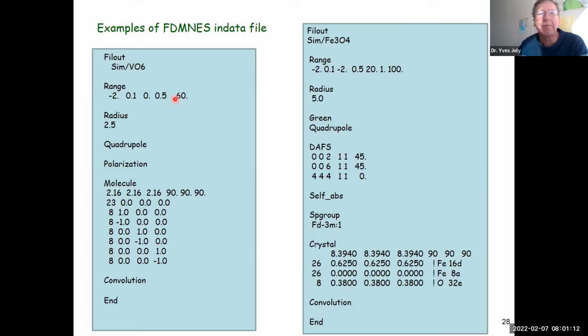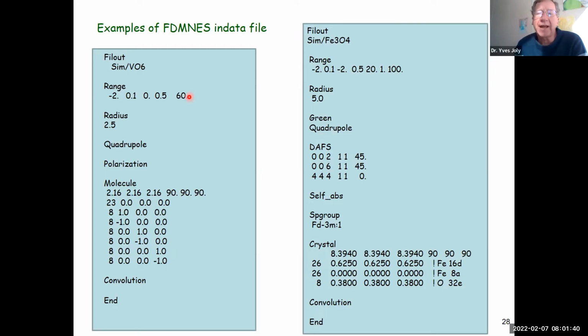You have two types, I would say. You can see first that to make a simple calculation, you don't need much information, just what is also important when you make the experiment. You give an output file name, with a directory eventually if you want your output in a subdirectory, and you define the energy range in eV.